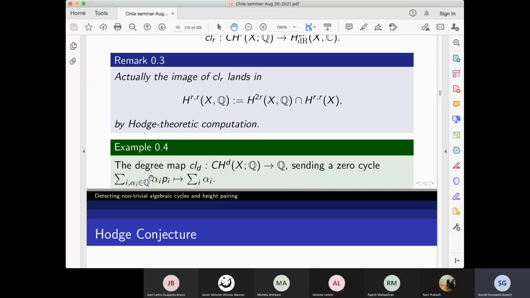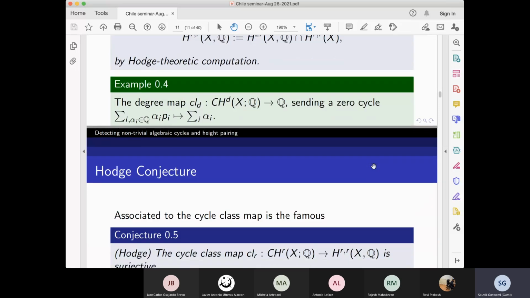So here is a zero cycle: the p_i are the points, and the alpha_i are just the coefficients. You simply send it to this rational number, the summation of alpha_i. So this is a typical example of the cycle class map. This summation of alpha_i is called the degree of this particular algebraic cycle. Okay, so far so good.